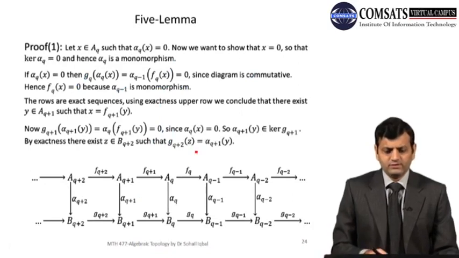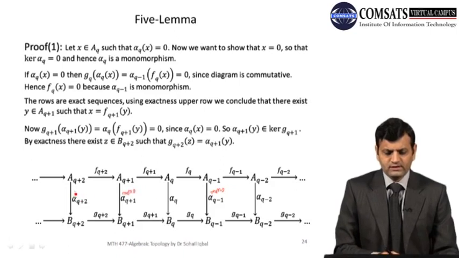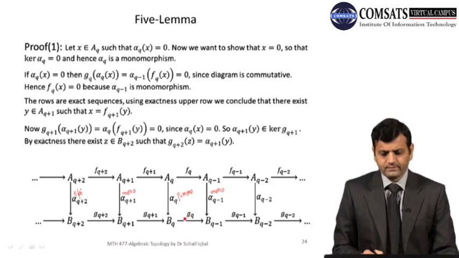So in this case, what is our given data? That alpha q plus 1 is a monomorphism, alpha q minus 1 is a monomorphism, and alpha q plus 2 is an epimorphism, and the question is whether alpha q is a monomorphism or not. In other words, we want to show that the kernel of alpha q is equal to 0.